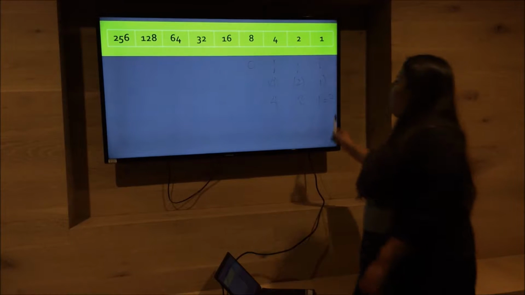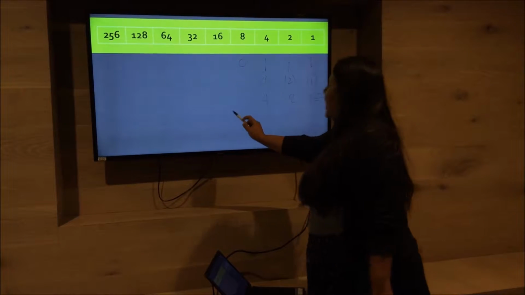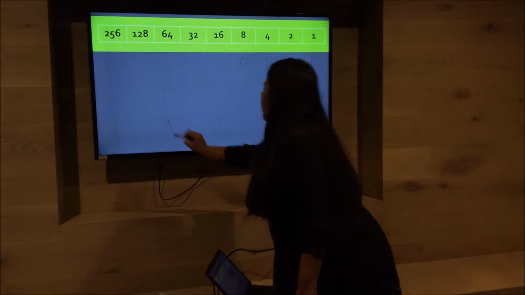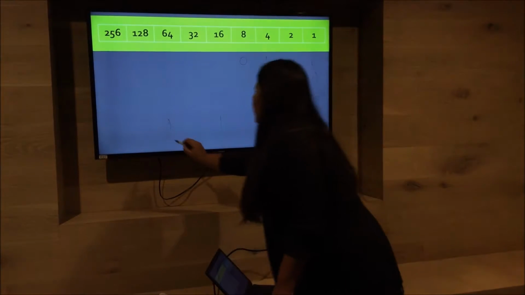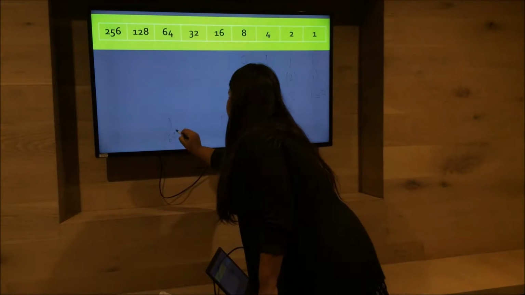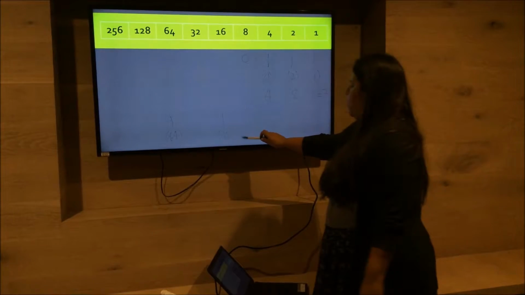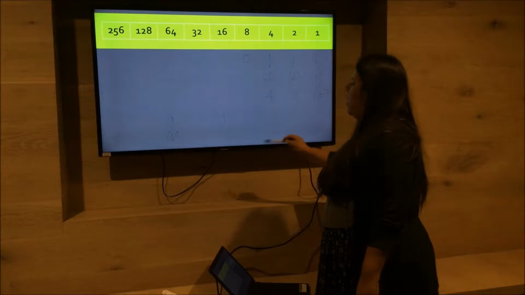Also, if we have more positions, like a 1 here, or maybe a 1 here, we have to multiply by that position's value, and that gives us the real value of the number.